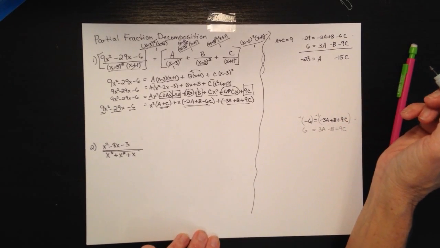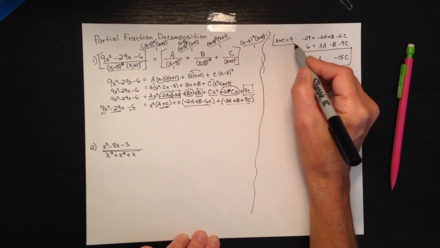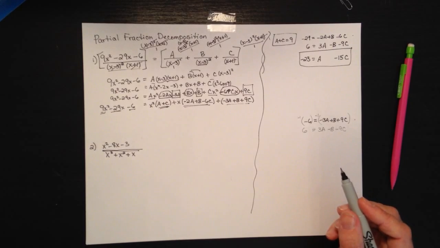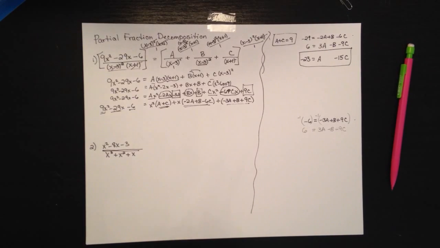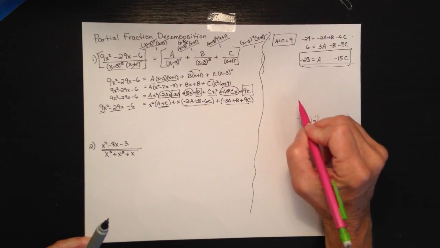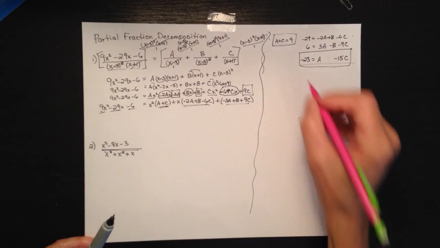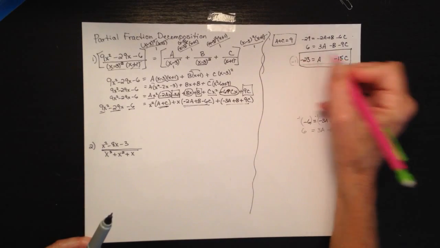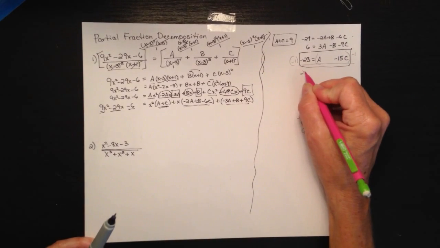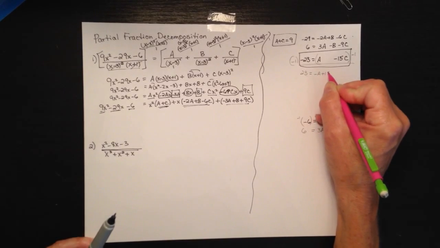Now that's helpful because now I have an equation with an a and a c in it and another equation with an a and a c in it, and I'm going to eliminate another variable. Now I choose to eliminate a. What I'm going to do is multiply this equation right here by negative 1 and add it to this equation right here. That will get rid of my a's. Negative 1 on this side, negative 1 on this side looks like this. Positive 23 is equal to negative a plus 15c.